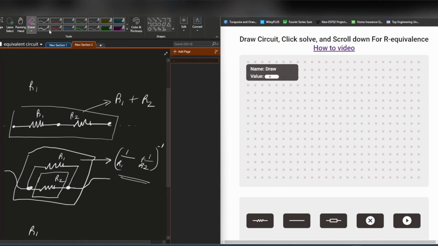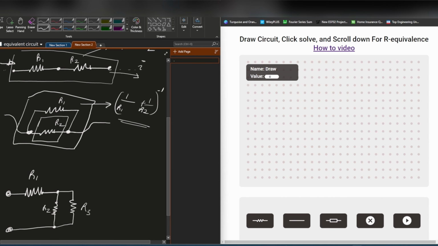The current from here, from this side, passes through this object and this object. By object, I mean the resistors, and goes out the same way. So it's the same current that's going through. For this case, it's not the same current, because when the current comes here, because of Kirchhoff's law, the current that goes in through here would not be the same current that goes in through these two edges, right?